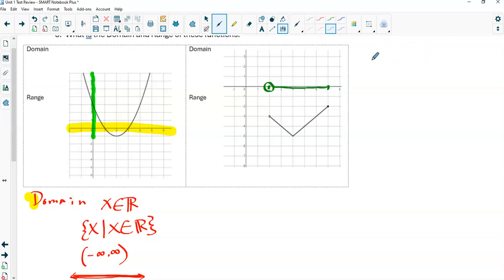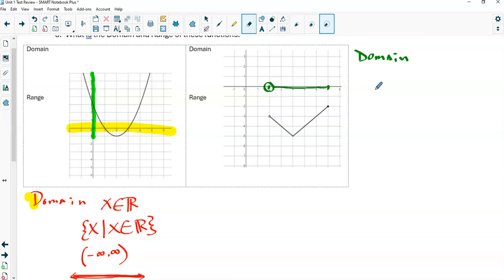All right, so in set builder notation, my domain would be x such that x, okay, I'm sorry, in set builder notation, remember this x is between two numbers. In this case, it's 2 and 7.